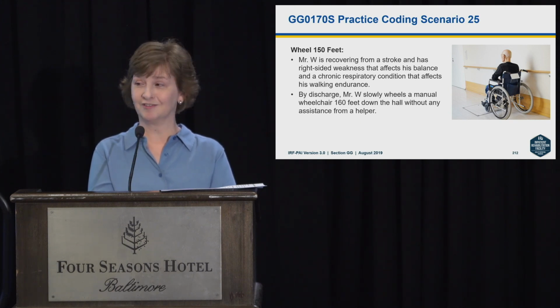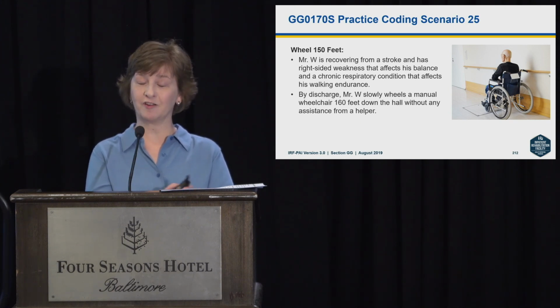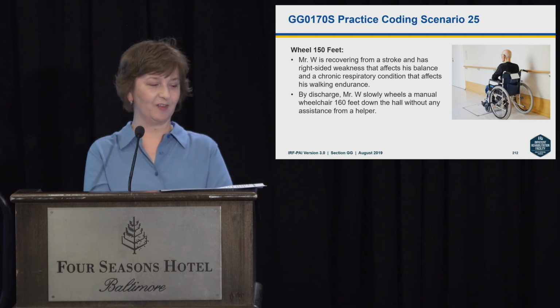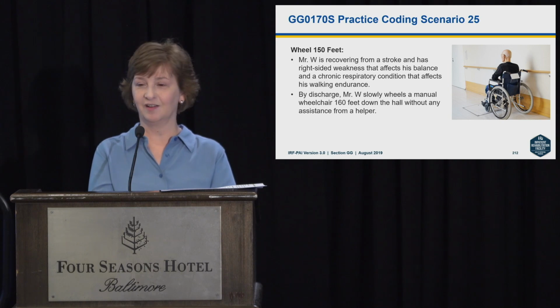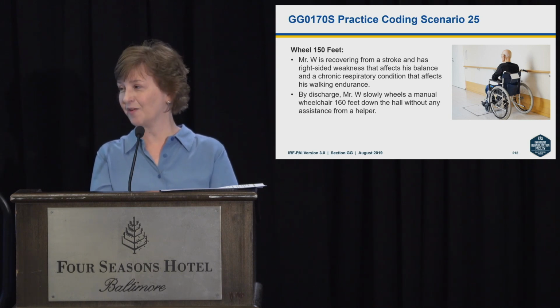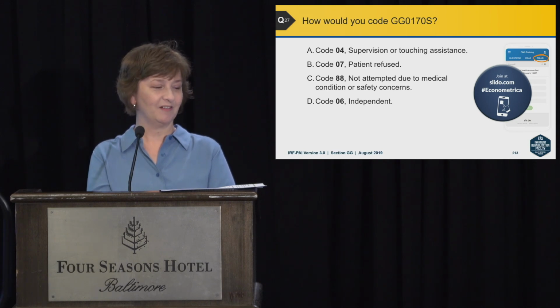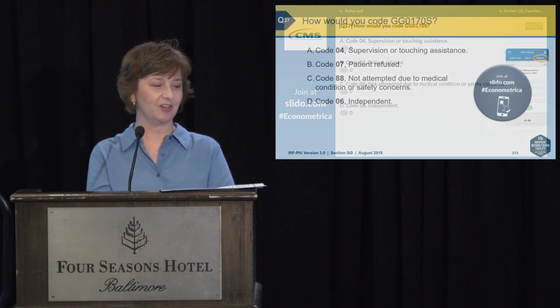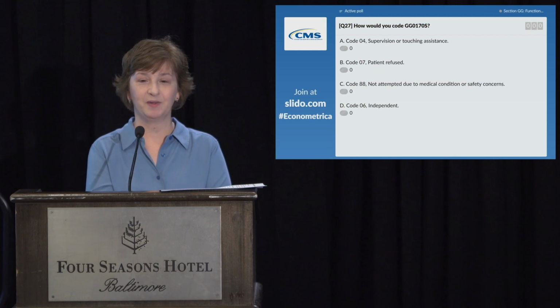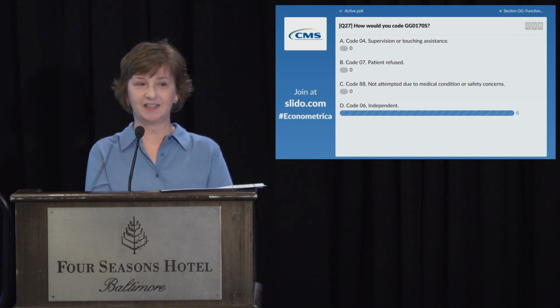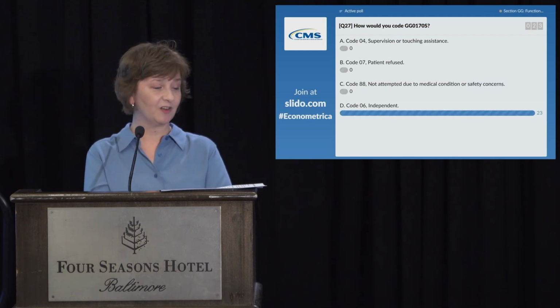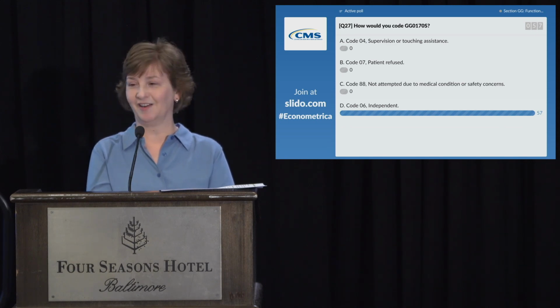By discharge, he's had a wonderful rehab program, and so he wheels slowly a manual wheelchair 160 feet down the hall without any assistance. He's about ready to go home. How would you code him? Your options are 04, supervision or touching assistance, 07, patient refused, 88, not attempted due to medical condition or safety concern, 06, independent.